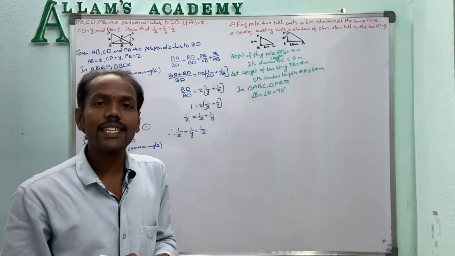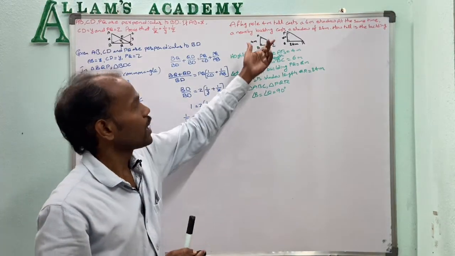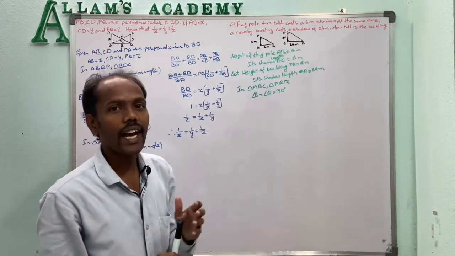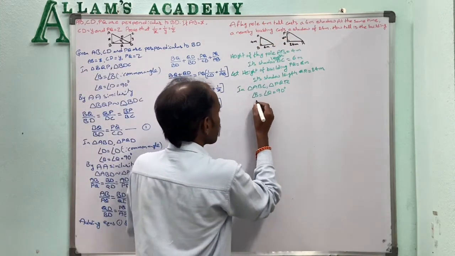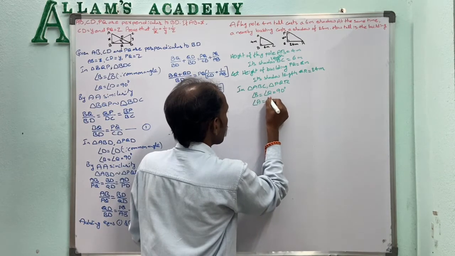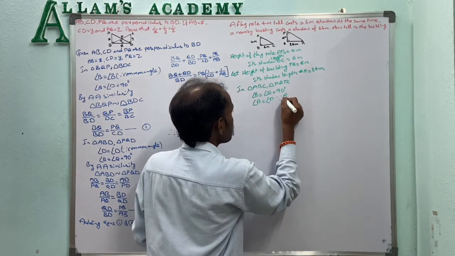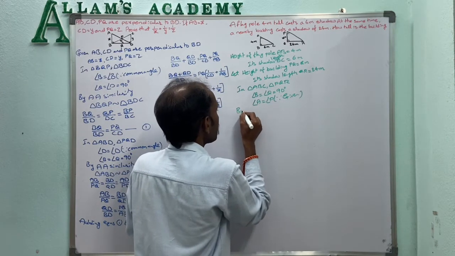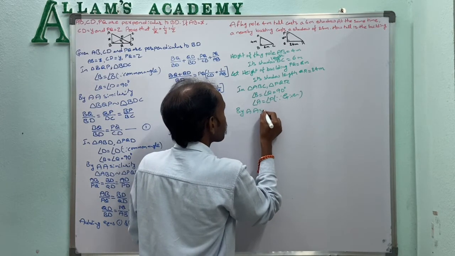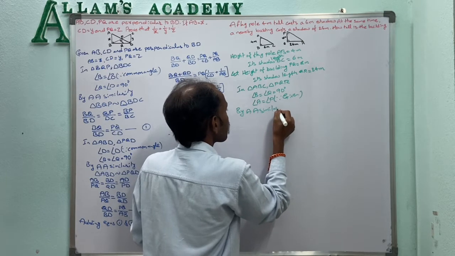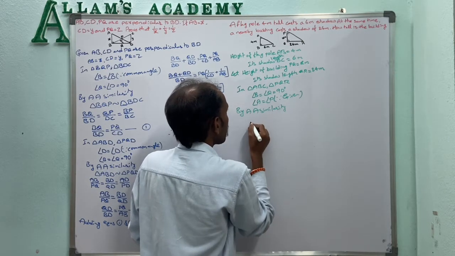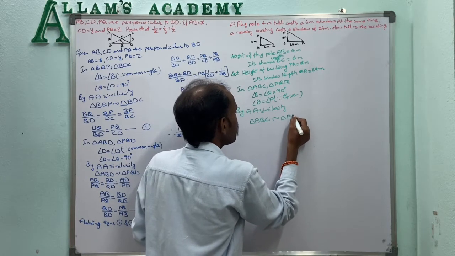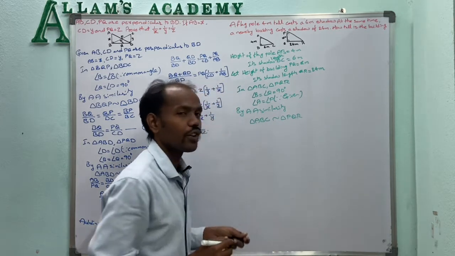And at the same time we measure the shadow's length, that means angle A and angle P are equal. So angle A equal to angle P since given. So by AA similarity we can conclude that triangle ABC is similar to triangle PQR.